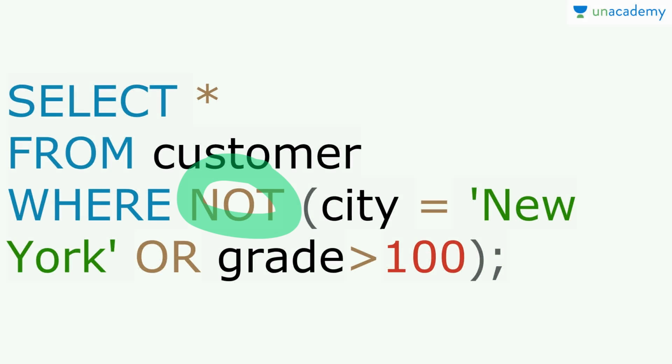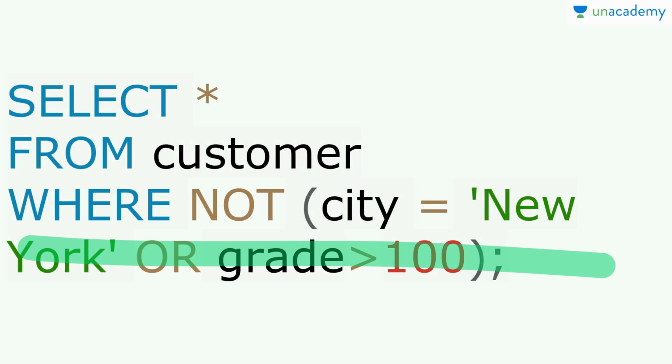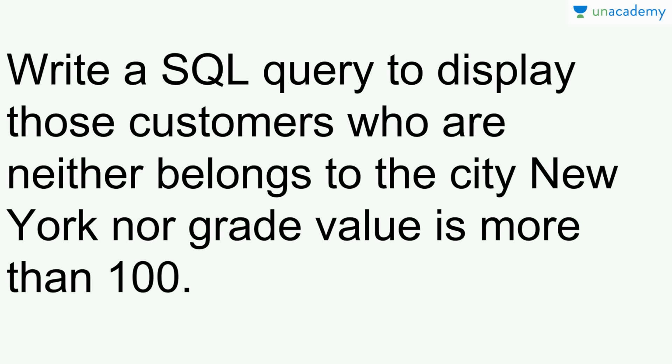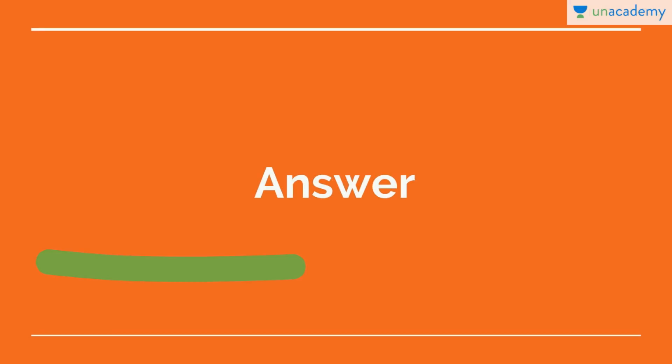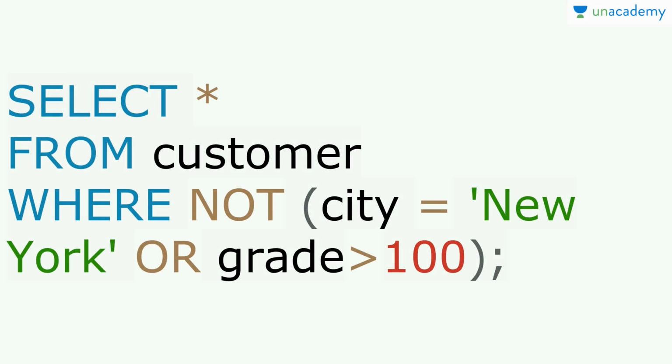So not city is equal to New York or grade is greater than 100. See here it is given those customers who neither belong to the city New York nor grade value is more than 100. So here we must apply and, because we have to ensure that the customer should not be of New York and the grade should not be greater than 100.